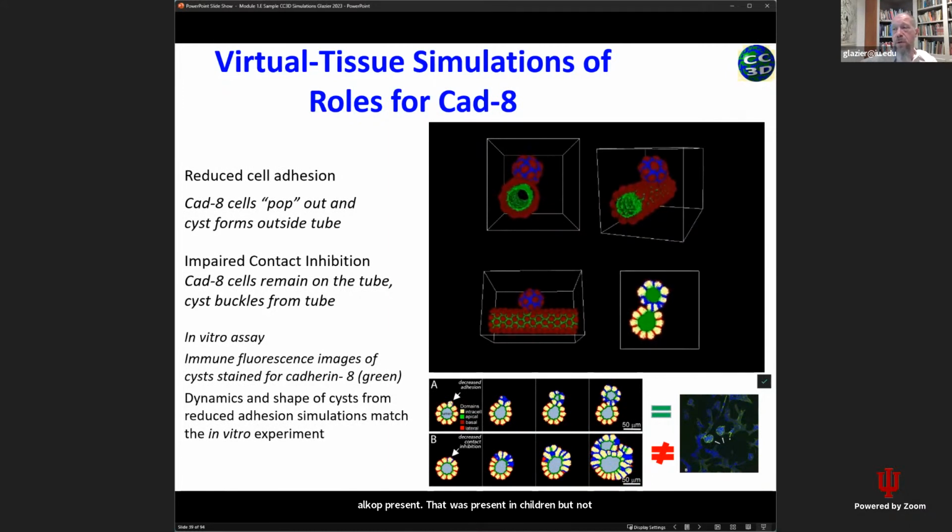In vitro experiments, you introduce that molecule into cells, and they immediately form cysts, and only cells with that molecule expressed form cysts. However, adhesion molecules do multiple things.